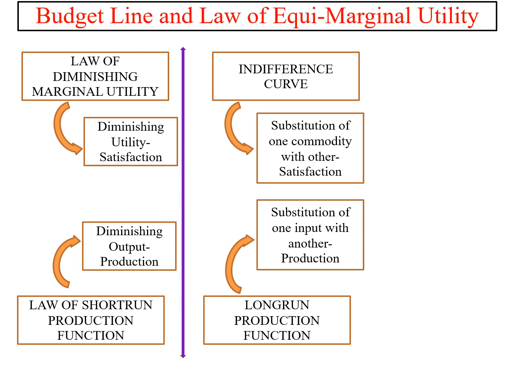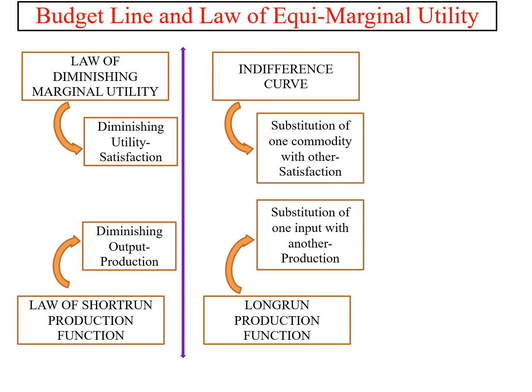In the long run production function, I highlighted, hopefully you have remembered, the concept of the isoquant. The isoquant highlights that on the same output curve, irrespective of the combination of inputs, your output will be the same. Or you can say that on the same isoquant curve, whatever the combination of capital and labor, you will find the same output.